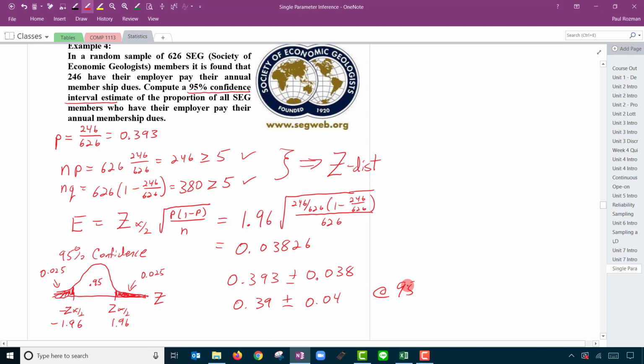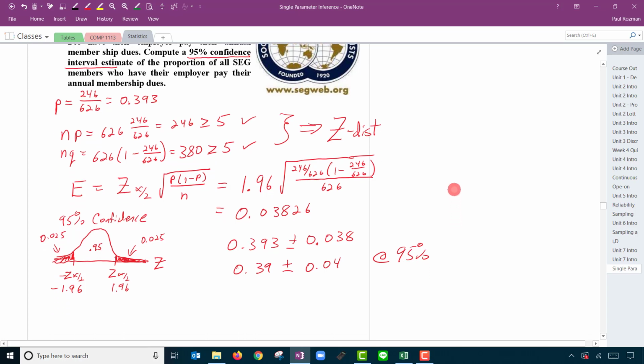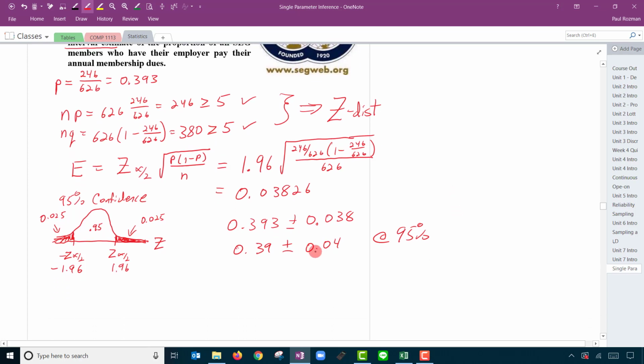At 95% confidence. The nice thing with proportions, we don't have any units, so we can't lose any marks for forgetting units. I guess you could convert these to percents: 39% of employers pay membership dues to this society, plus or minus 4%.